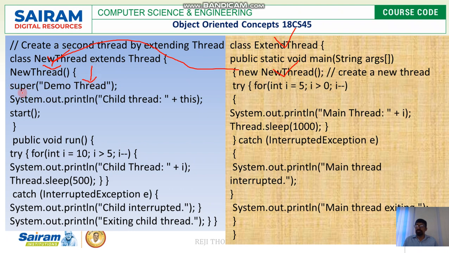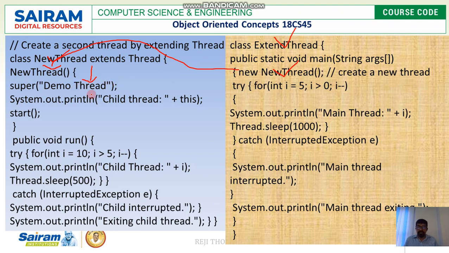Look at this super(demo thread). So please do remember this is going to invoke the constructor in the super class. I hope you remember it. There is a method called super. Super is going to invoke the constructor in the super class.